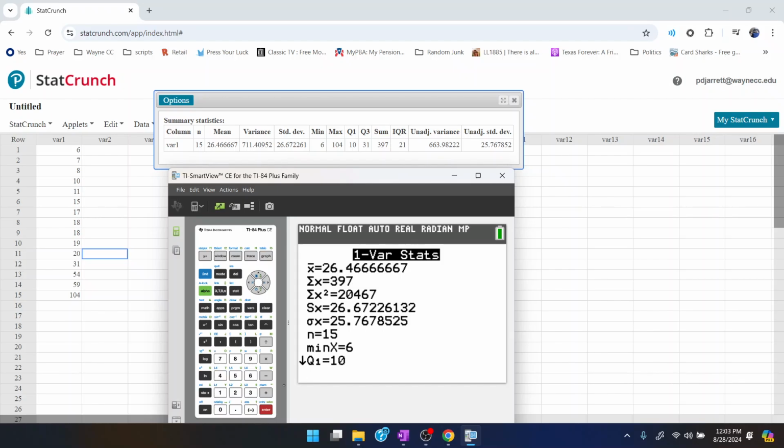It also gives you variance here. And unadjusted standard deviation is basically another term for population standard deviation. So what you do is you hold down Control and click on various attributes that you can carry over.